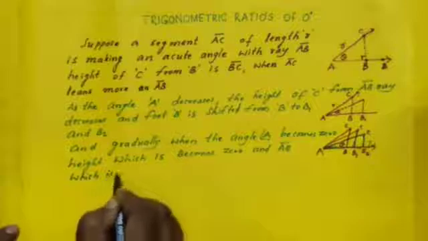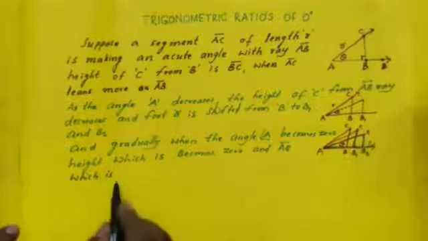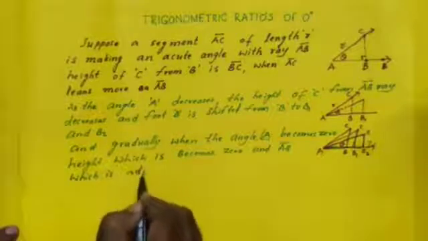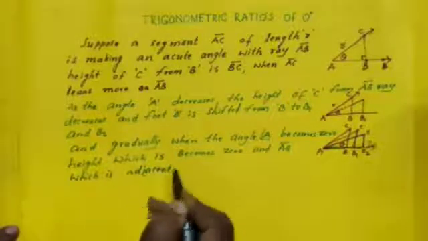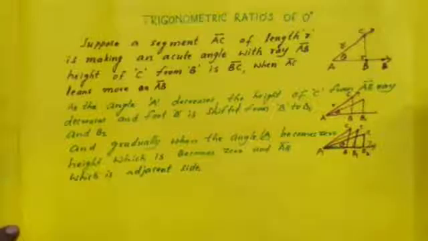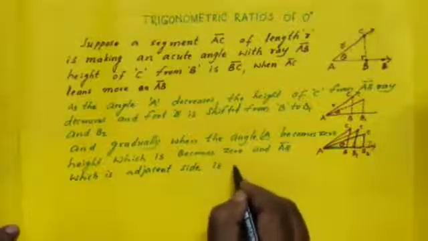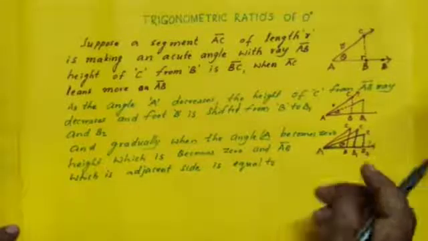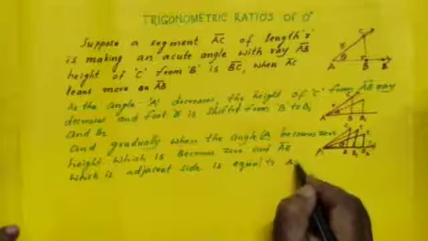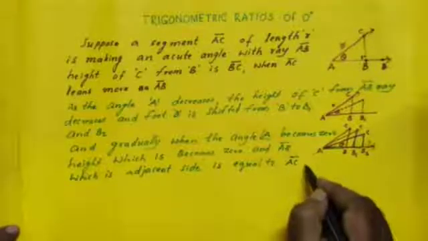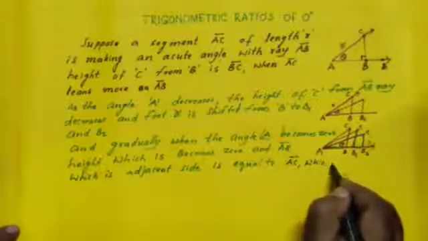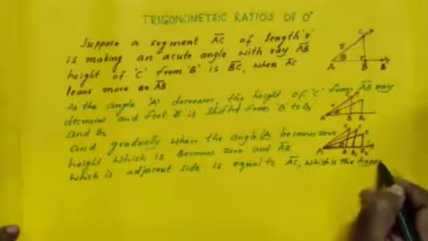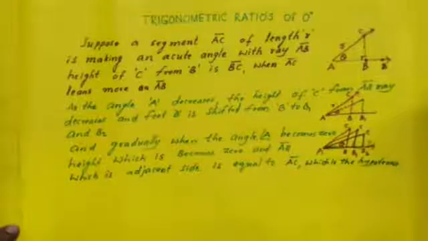AB is the adjacent side, and this AB is equal to AC, which is the hypotenuse. Is it clear now?